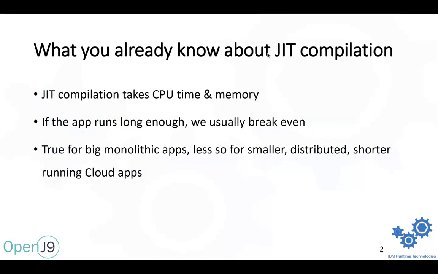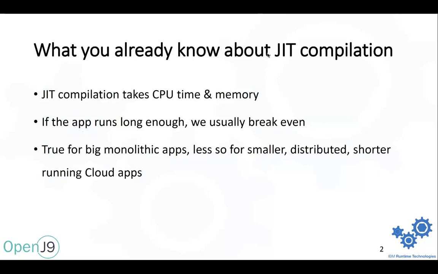So in that sense, it actually competes for resources with your application. The underlying assumption here that we make is that eventually you break even on the resources that the JIT compiler used.